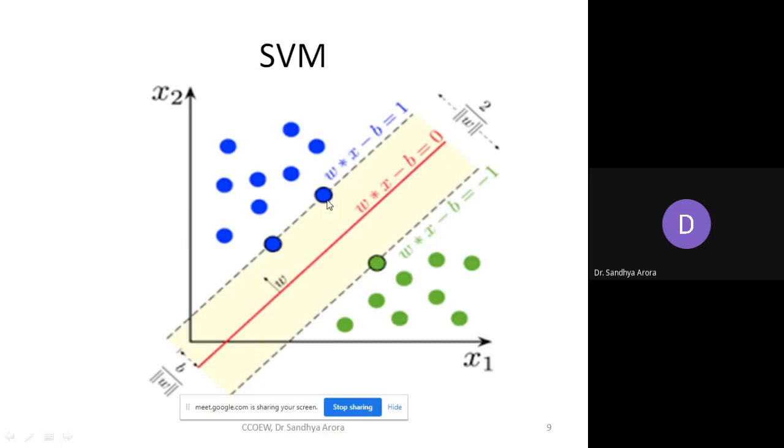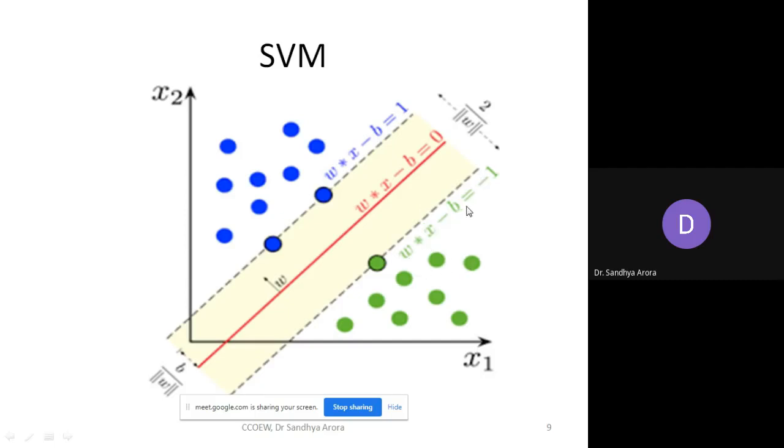So maximizing the margin means, when you are on this plane, wx plus b will be equal to 0. Above this, your values are positive points. Below this are your negative points, for example. On the plane, you have that value wx plus b equals 0. These blue points are positive points and green points are your negative points.